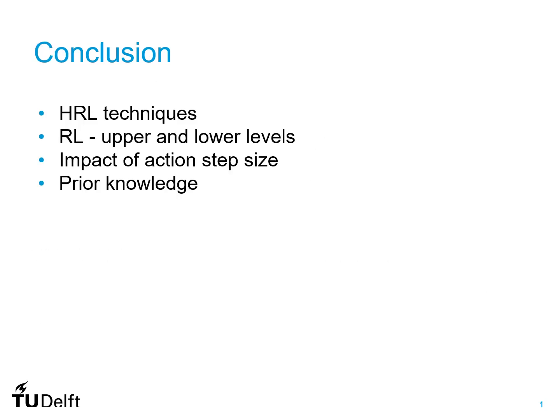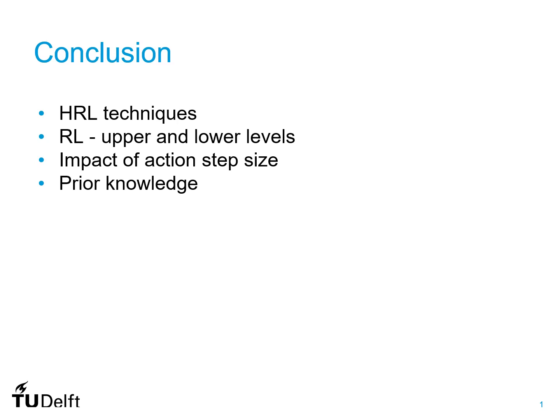So this brings us to the conclusion of the presentation. What have we seen so far in this paper? We have discussed the hierarchical reinforcement learning techniques which have been developed over the years to reduce the learning time. We also highlighted the differences in the reinforcement algorithm in the upper and lower levels.